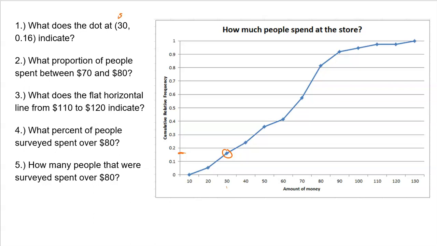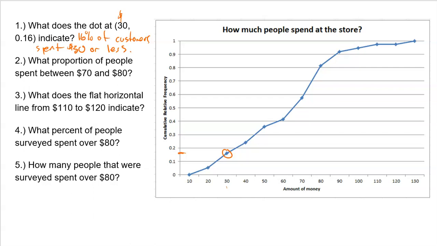Remember, 30 is the dollar amount and 0.16 is the percentile. That means that 16% of customers spent $30 or less. Now, common sense tells me that means 84% spent more than $30.